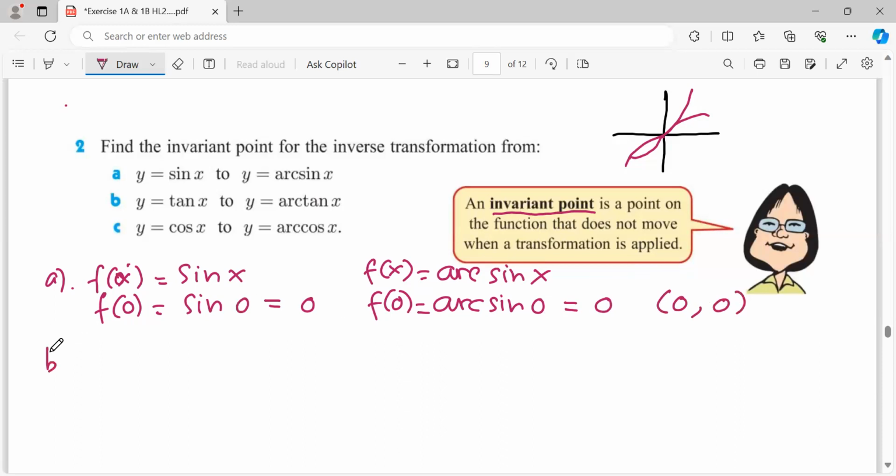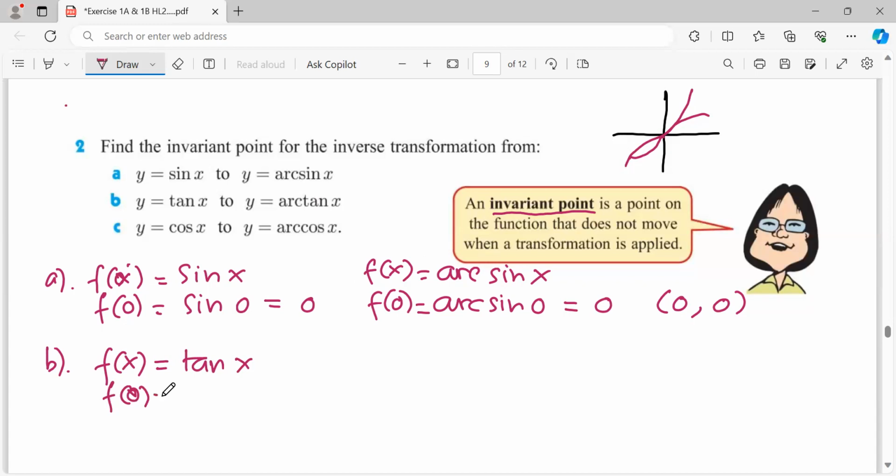Okay, how to find the invariant point? The requirement is if x equals 0, the outcome as well should be 0. If x equals 0 and the outcome equals 1, it means that is not an invariant point. B, f of x equals tangent x.